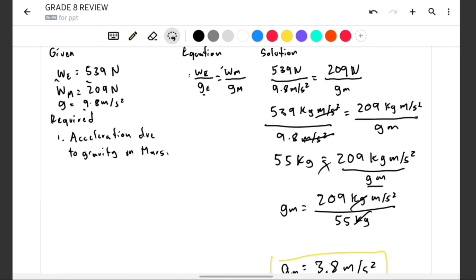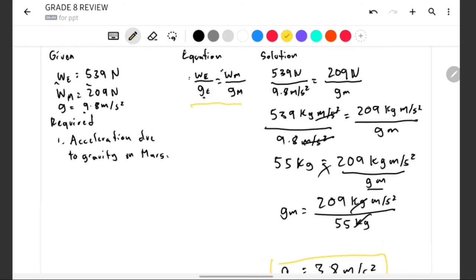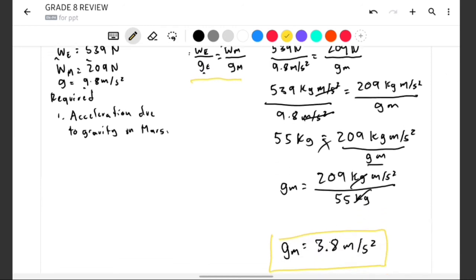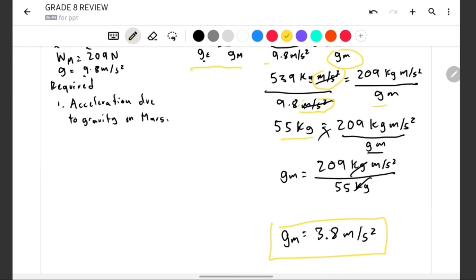So, yan. As you can see, ginamit lang natin itong equation na to, yung galing sa third law, which is the law of interaction. Sinubstitute natin dito sa solution. Ito siya. Since missing ito, blank lang siya. Tapos, nag-cancellation tayo ng mga like terms or like na units. Yan. Tapos, yung natira is kilograms na lang.